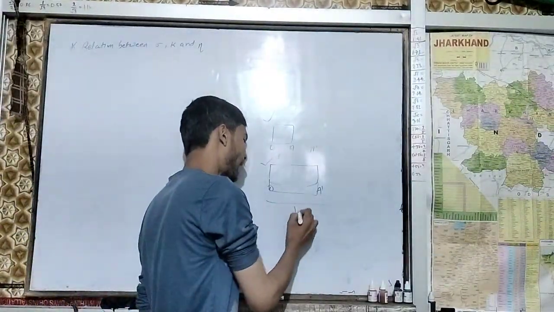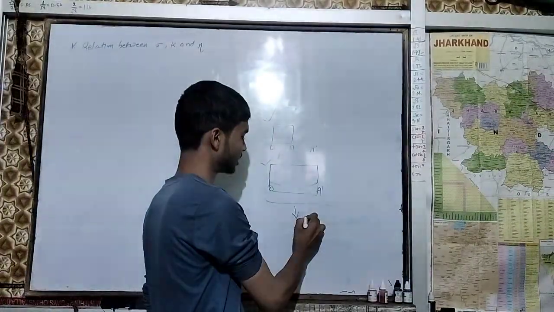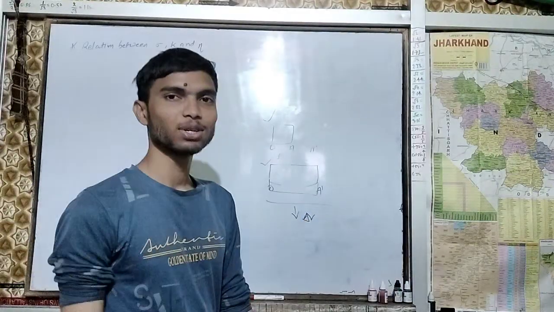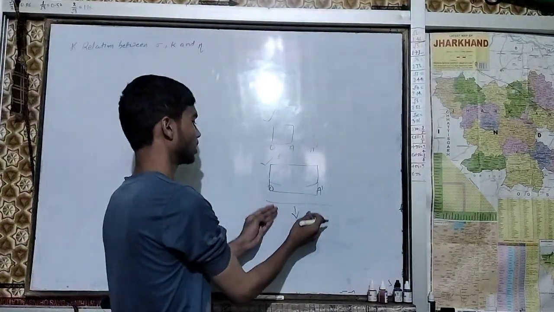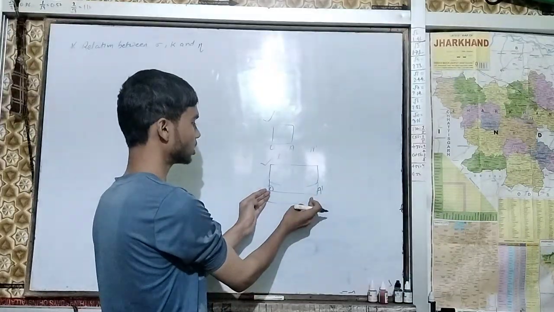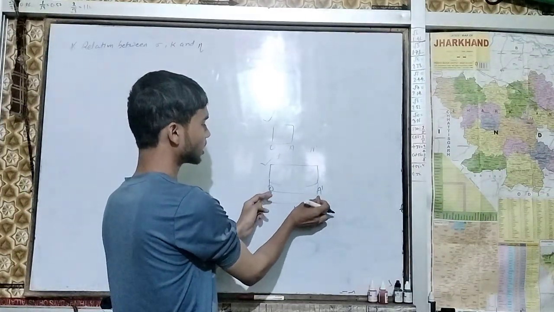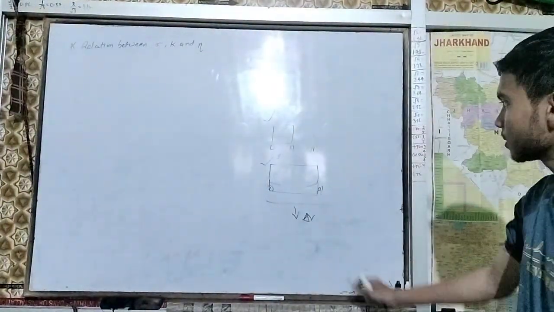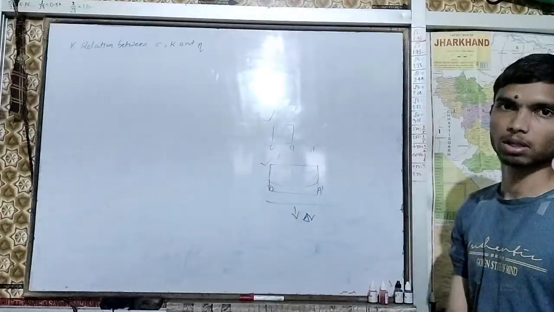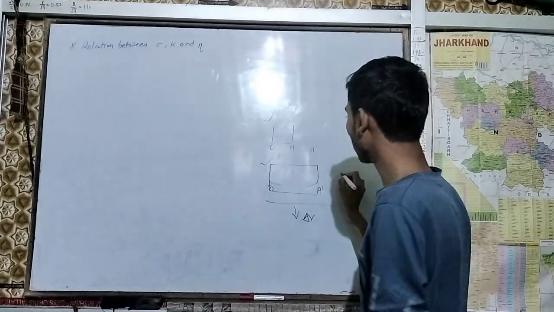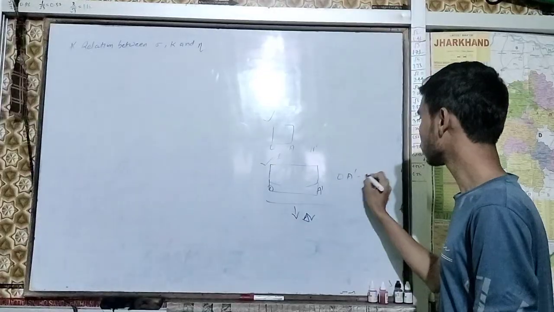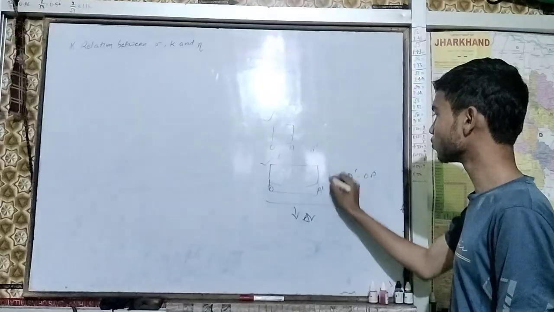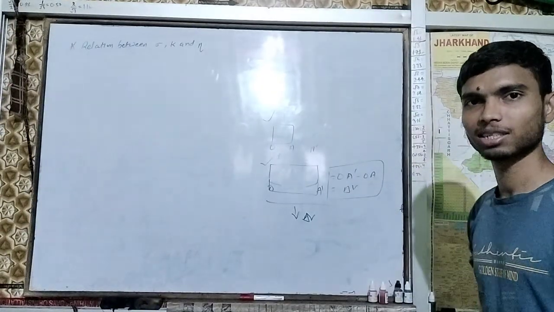Now here we have to find out the change in volume. How to find it? To calculate this, we just have to subtract this smaller volume from this bigger volume, means O dash O A dash minus O A. From here you will get the change in volume.